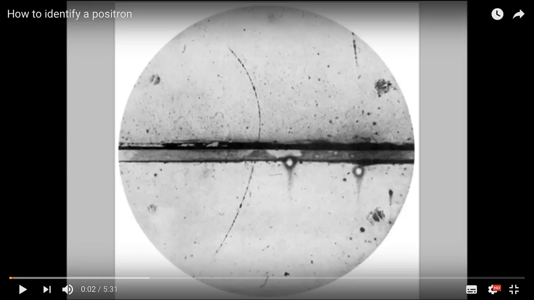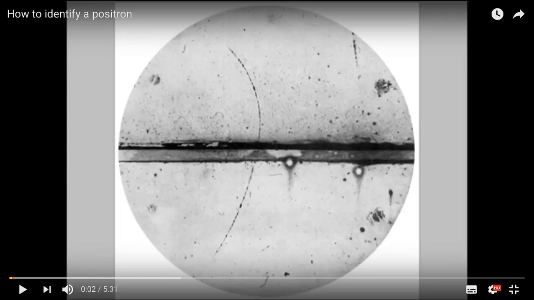So these particles, as they pass through these supercooled or superheated systems, create this disturbance and cause bubbles to form. And so by just taking pictures of those bubbles, you can determine whether there was a particle passing through the system, and you can determine its trajectory.